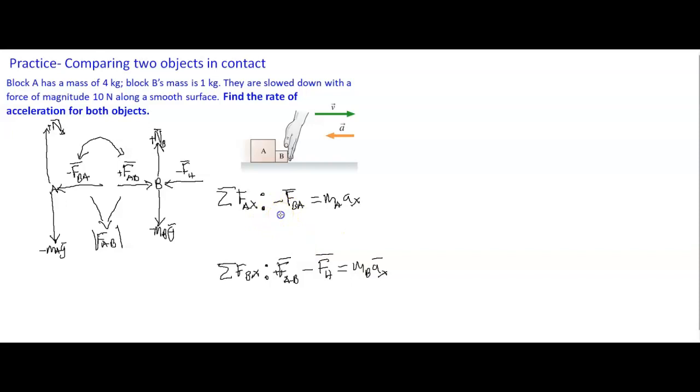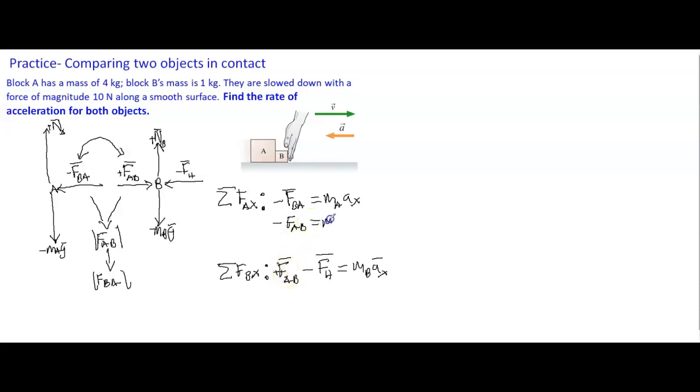Let's start off with right here. Force AB is the same thing as force BA. They are the same exact force, in magnitude. So I'm going to rewrite that as negative force AB, so I make it consistent with this.